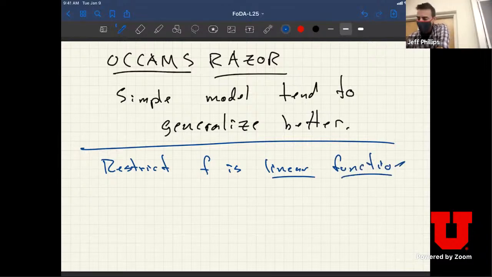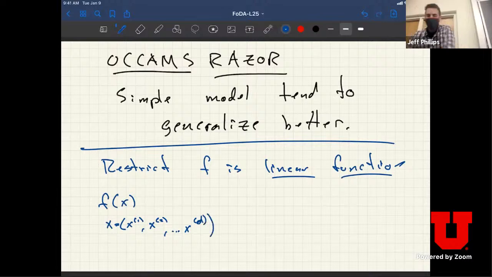Okay, and so for a linear function f of x, remember x is going to be x1, x2, up to xd. We'll typically use the subscript to describe which data point it is, and I'll use the superscript here to describe which coordinate it is.